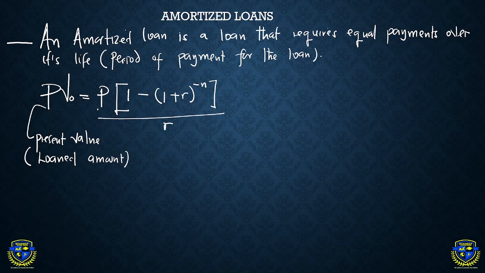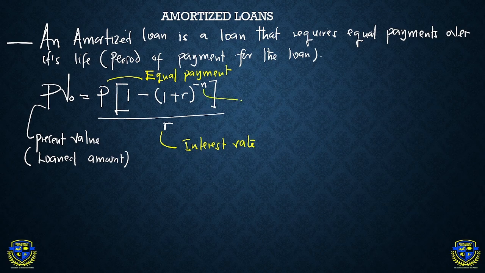This P, we describe it as the equal payment. So if the payment is annual, that is what you'll be paying. If it's monthly, the P value is what you're going to be paying. Then also we have the R there that represents the interest rate. Then the N basically represents the period for the loan.